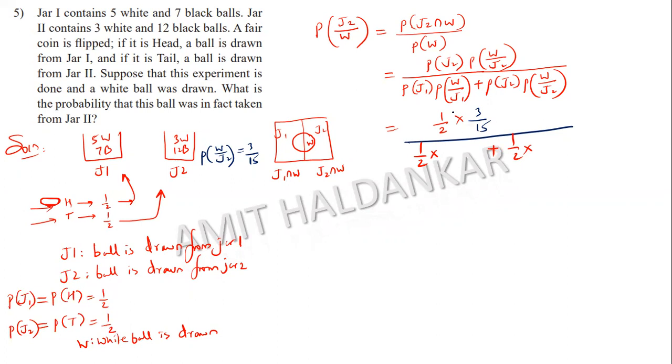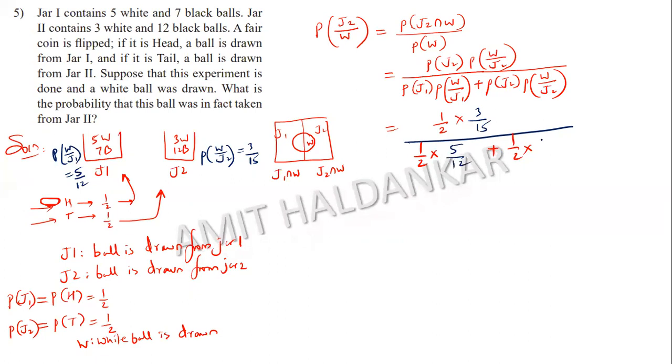So W by J1. W by J1 means this part. W by J1 is, I can say, getting white from J1, that is 5 out of 12.